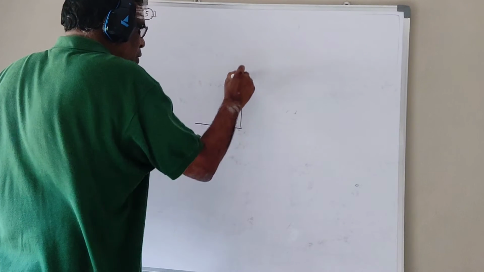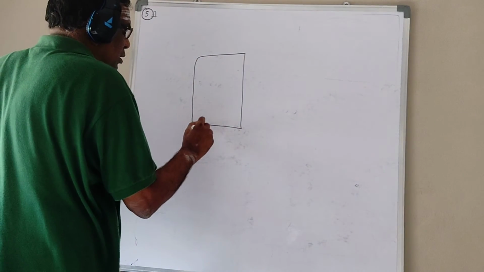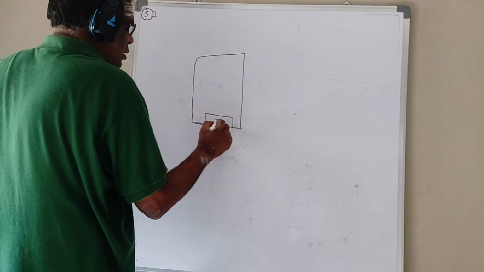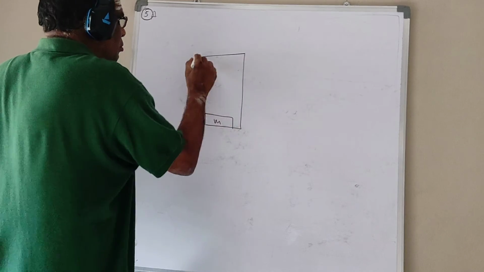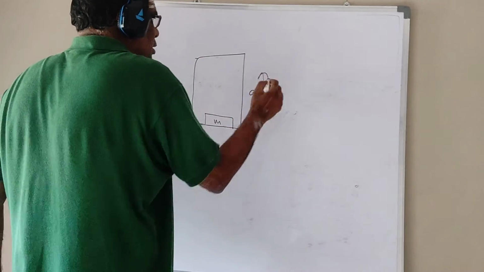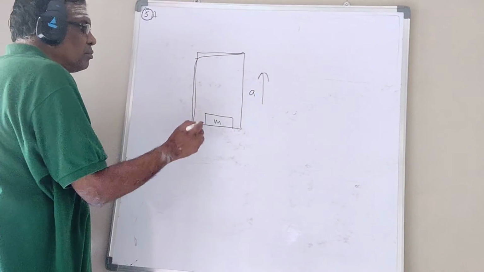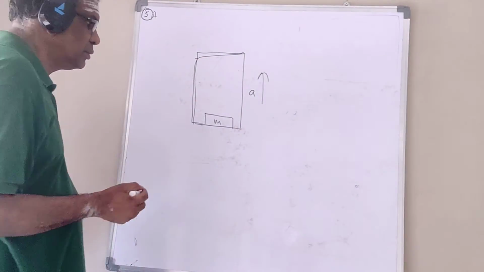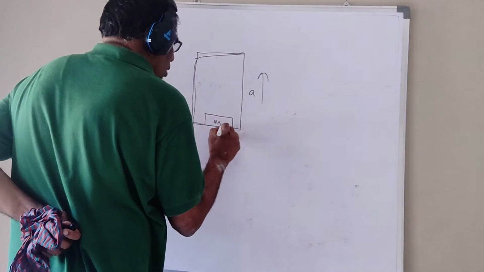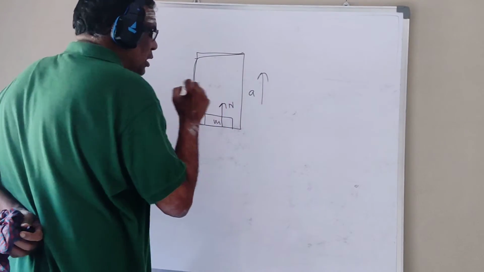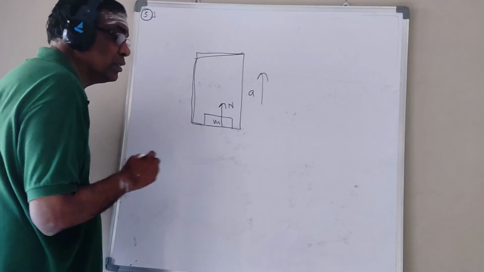Suppose I have a body. Now this is mass M, and this is an elevator accelerating up. Okay? Now this is the normal force on this body.